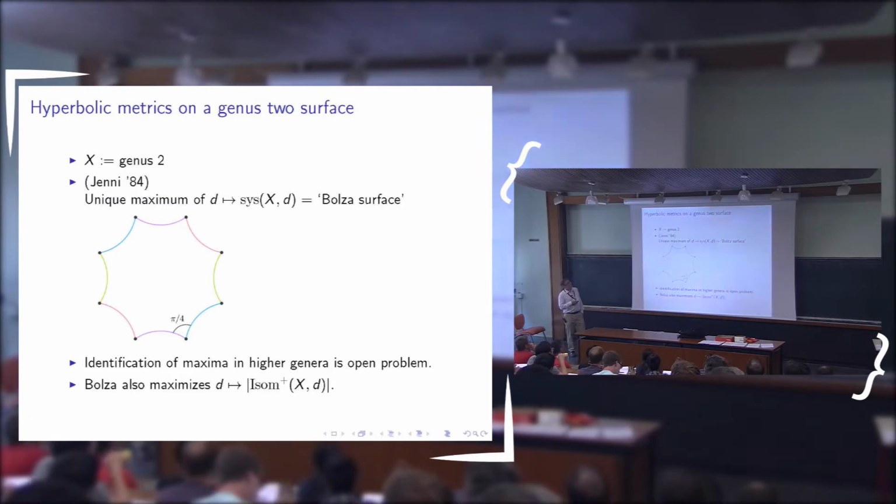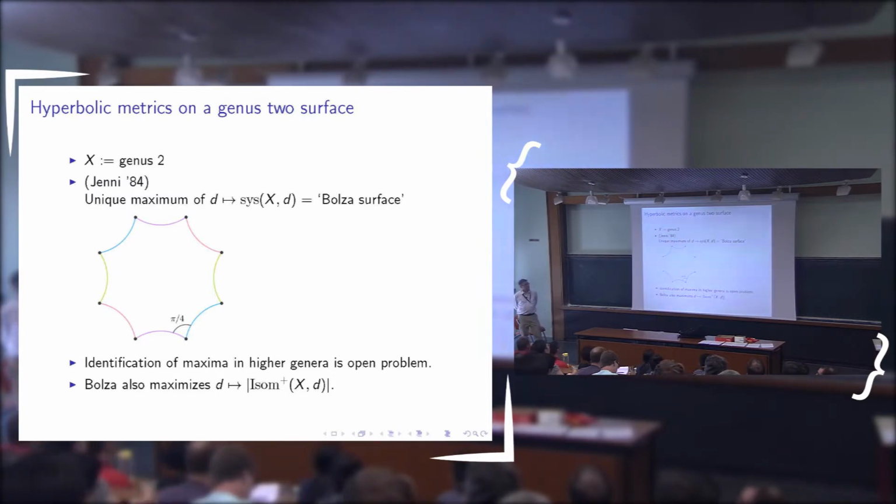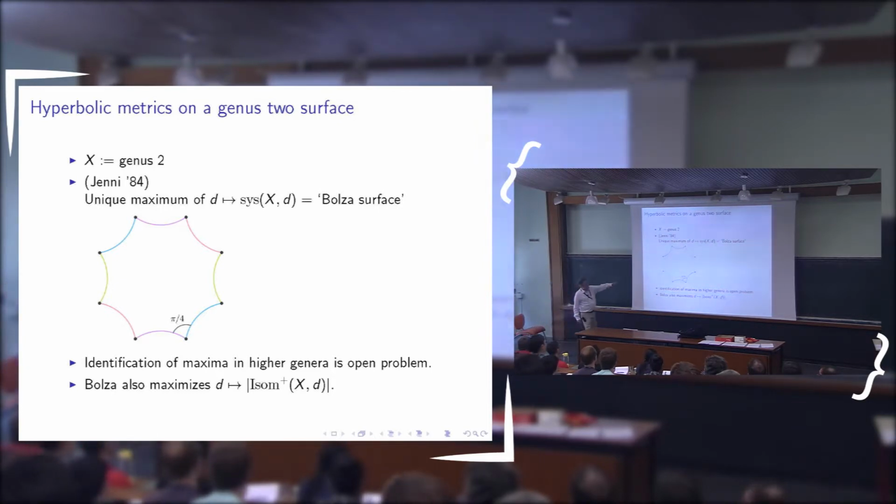Okay, so hyperbolic metrics on a genus 2 surface, it's known that there is a fattest surface, and in fact it's the unique fattest surface. So there's a unique maximum. It's called the Bolza surface, and it's probably a surface that you've thought about yourself, just playing around with hyperbolic geometry. So you identify opposite edges of this octagon.